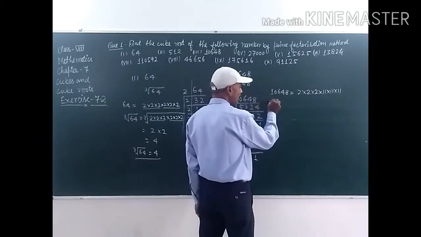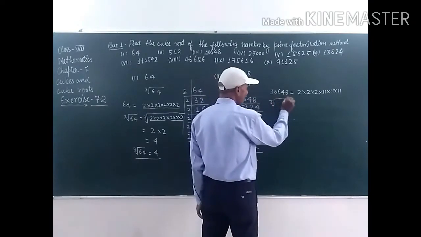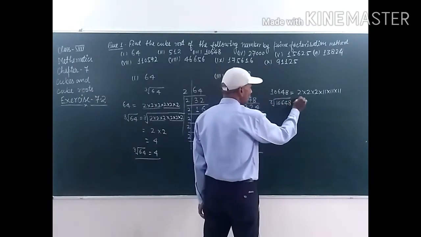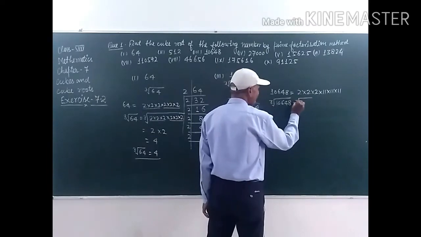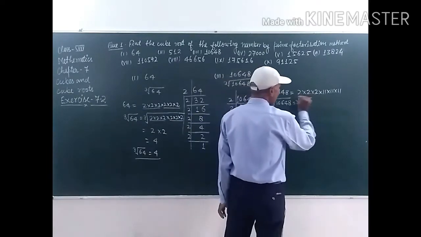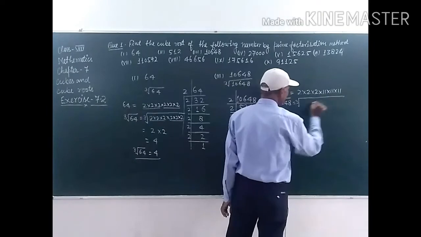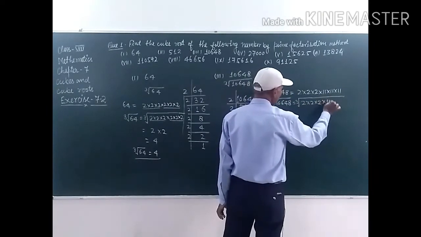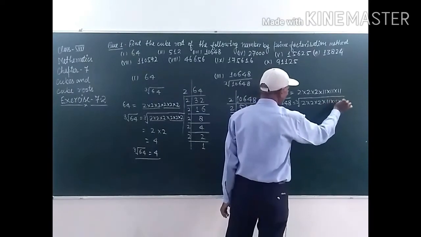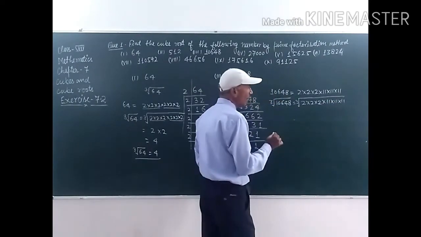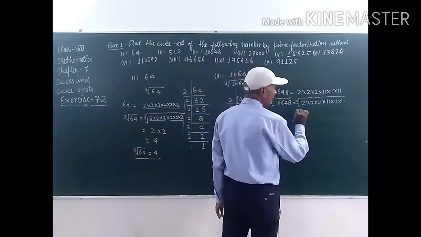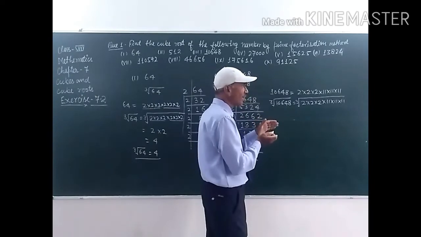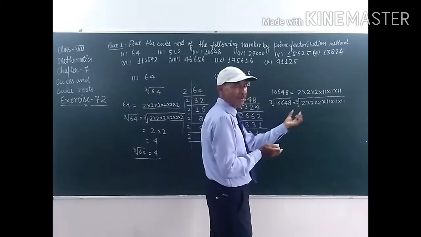So we have to write this like this: cube root of 10,648 is equal to cube root of its factors, means 2 into 2 into 2 into 11 into 11 into 11. Now we have to make the triplets, or we have to make a group of 3 of the same type of factors.